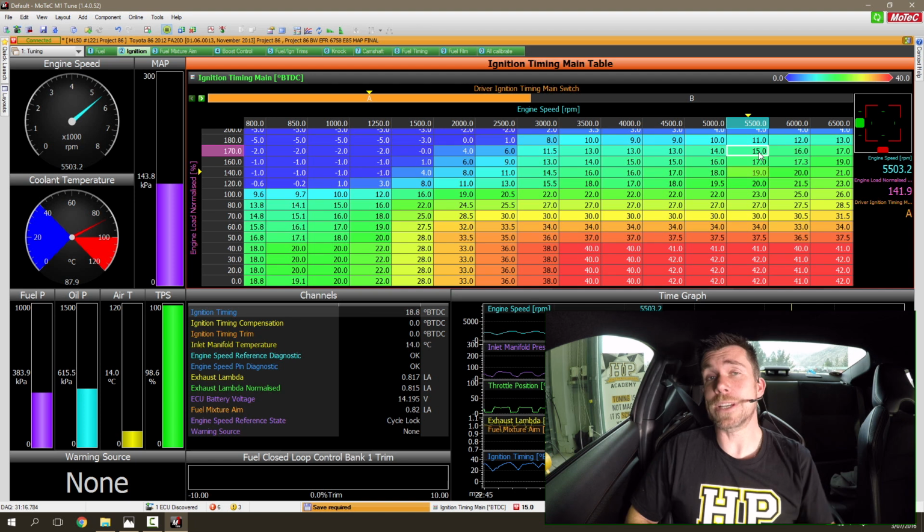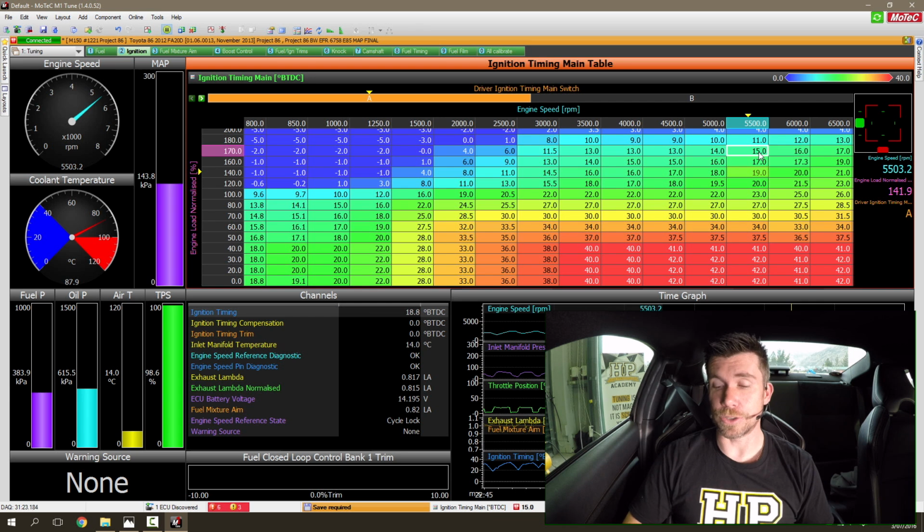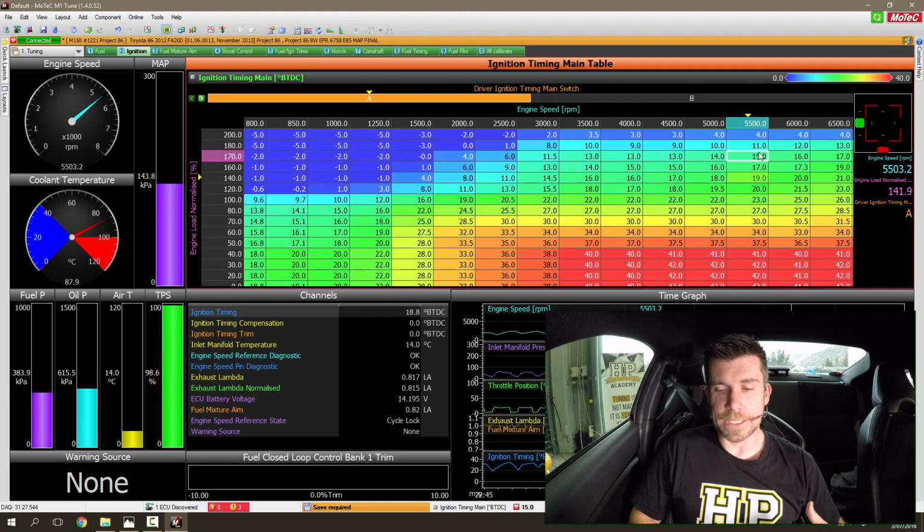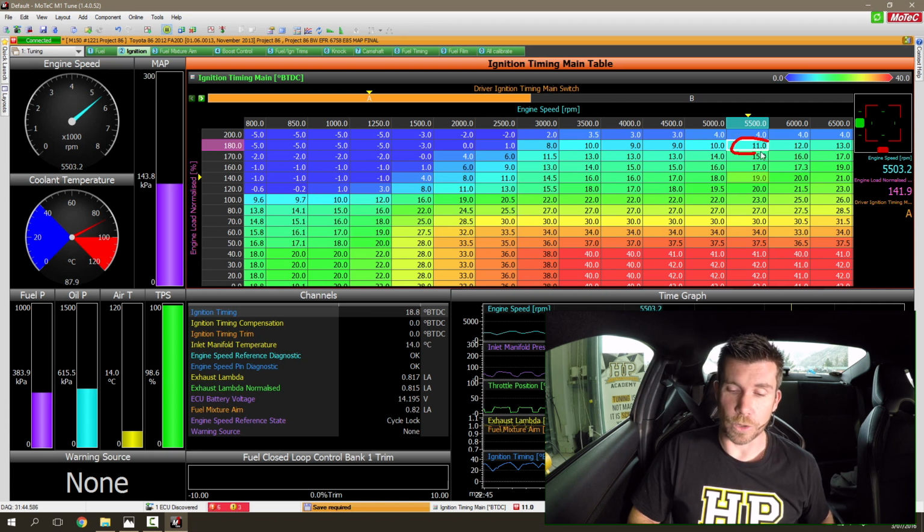As we start increasing the boost pressure further, it's much more likely that the engine will start suffering from detonation, however. So you can see that as I've gone past my final boost target, remember this engine is set up to run 170 kPa, I've started to more aggressively remove timing. Between 170 and 180 kPa, which is only a 10 kPa difference, I've removed 4 degrees of timing.